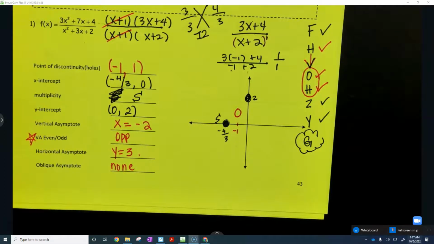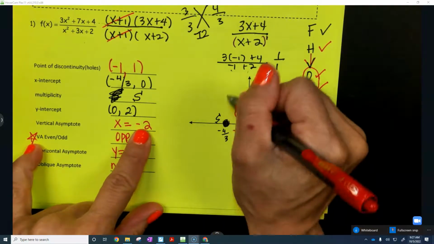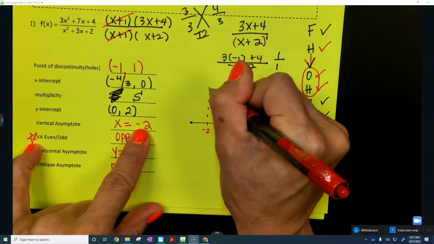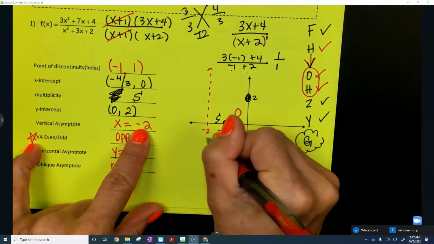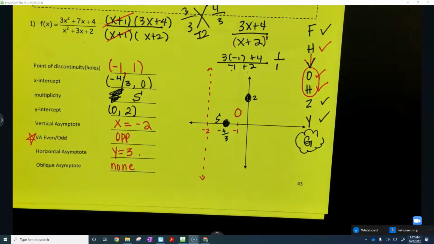Then I'm grabbing my red pen, guys. For my red pen, I'm going to draw a dashed line at x equals -2, which is past -4/3. So let's say -2 is right here. Remember, these are barriers. And vertical or horizontal asymptotes are never, ever crossed.